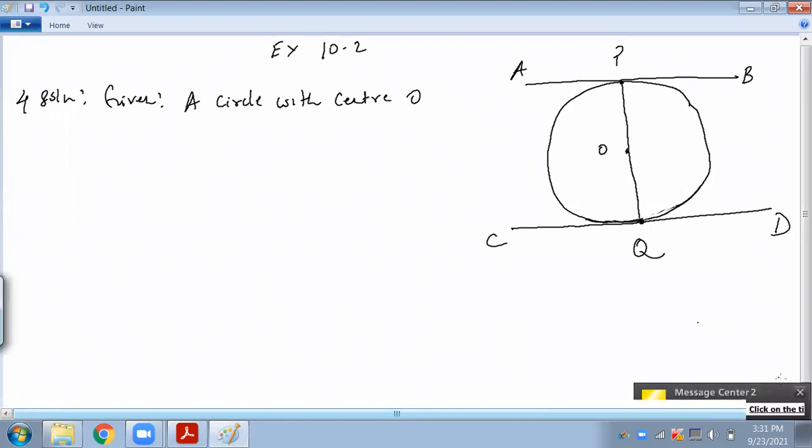Okay, fine. A circle with center O. There is a diameter, POQ. POQ is a diameter.